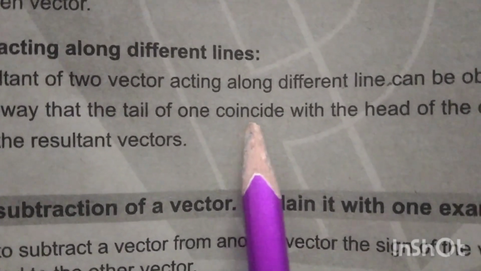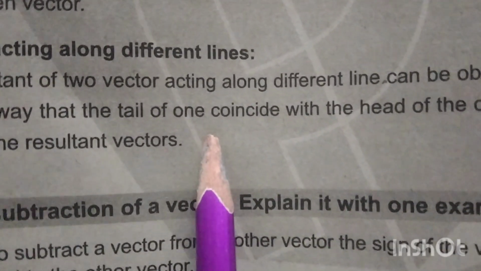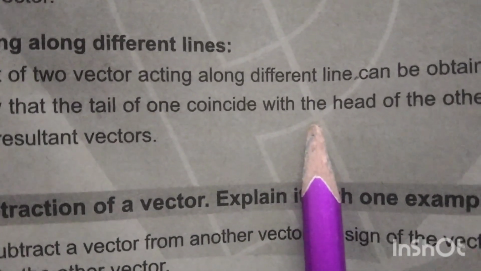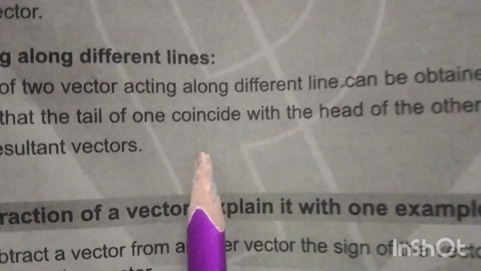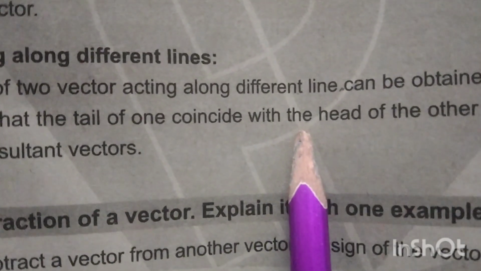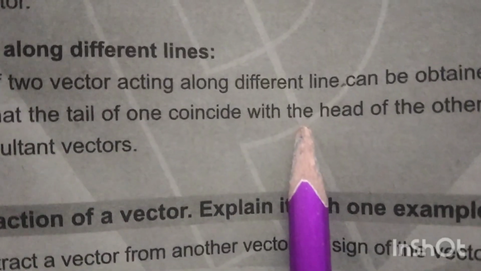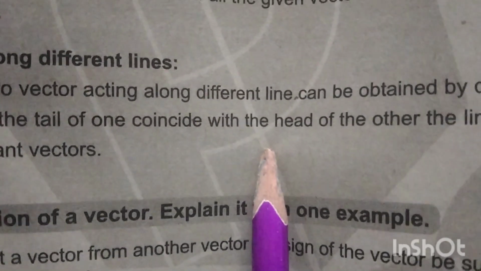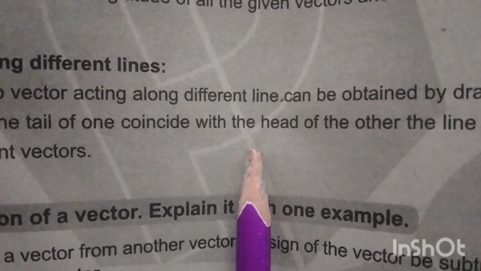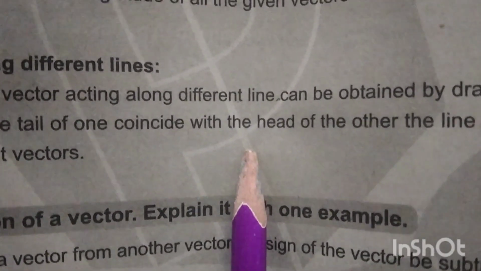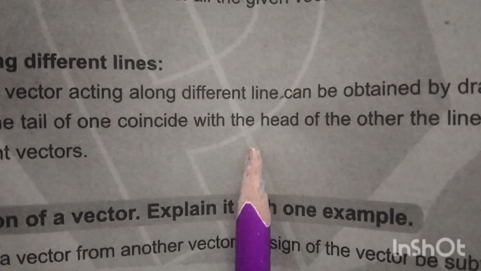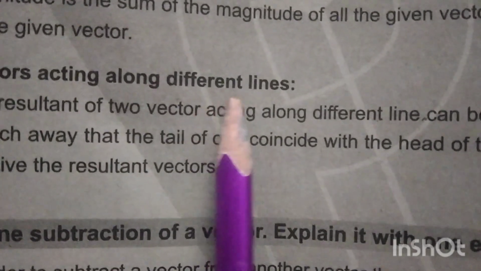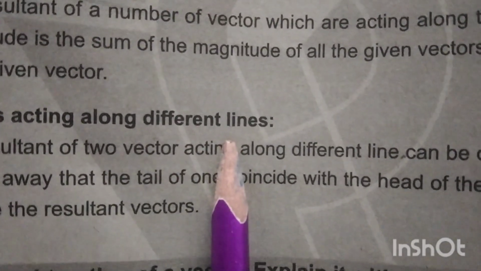If 5 Newton is on the right side and 3 Newton is on the left side, then 5 minus 3 will be 2 Newton on the right side, because the 5 Newton is on the right side and the 3 Newton is on the left side. You can easily find it by subtracting 3 from 5: 2 Newton on the right side. This is when the vectors are acting along different lines.